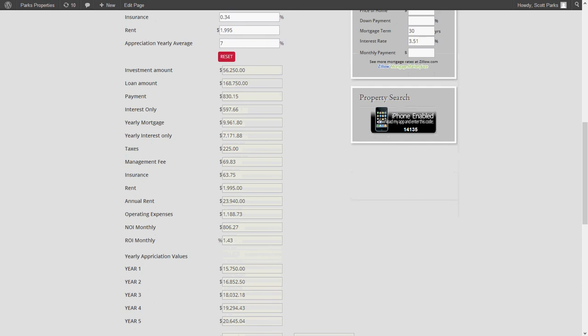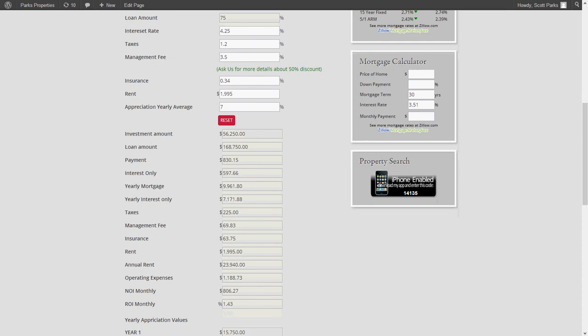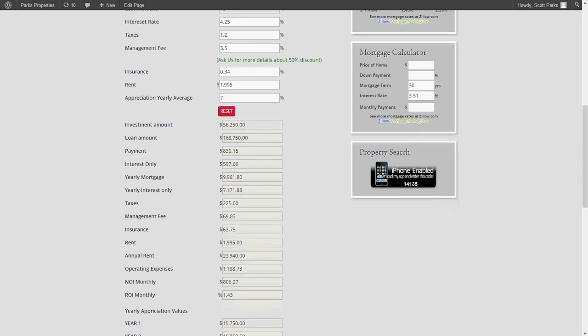Now, if we look at the results below, it'll tell you exactly what your down payment requirements are, which is 25% of the purchase price, which equals $56,250. It tells you what your loan amount would be, your payment at that 4.25% that we had up here, how much your interest only payment would be, your yearly mortgage amount, your yearly interest amount, what your property taxes would be at that 1.2%, and what the monthly property management fee would be for us to manage it.